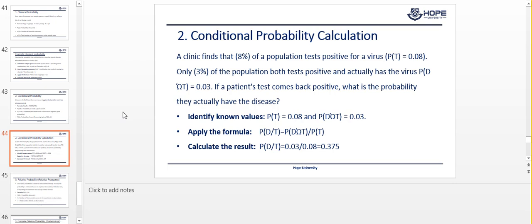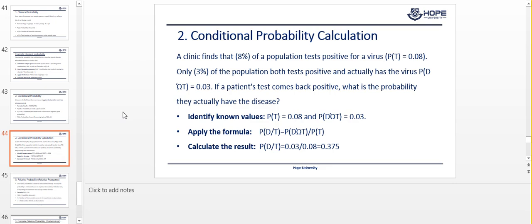So what we are asking is: if the patient's test comes back positive, what is the probability that they actually have the disease? First, we must identify the known values. We have two values: P(T), which is 0.08, and P(D and T), which is 0.03, because T is the positive test and D is the actual disease.